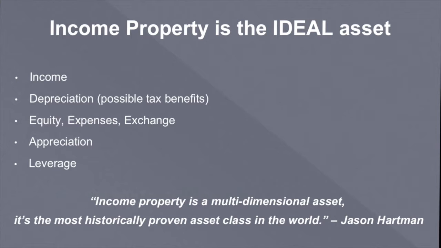The IRS may consider it to be depreciating on a schedule. This is what's known as a phantom write-off or a non-cash write-off. And if you and your properties can qualify for it, it is, in my opinion, the holy grail of tax benefits.